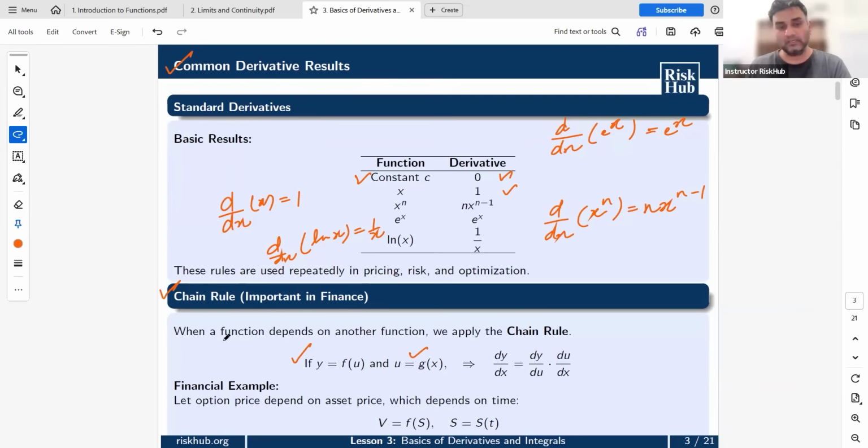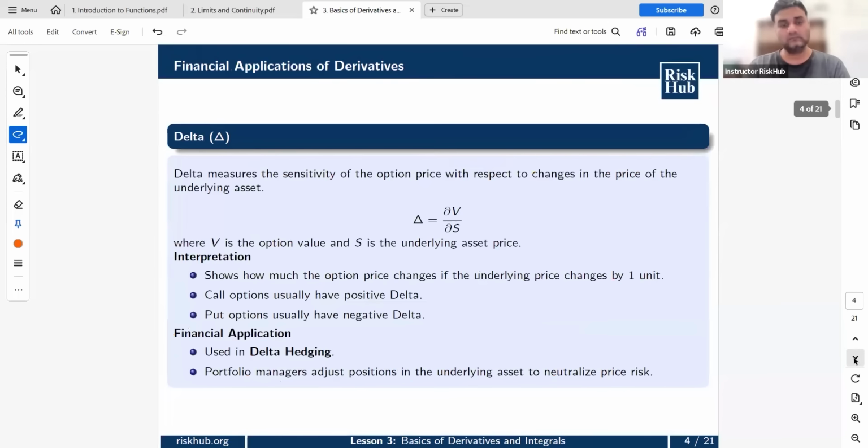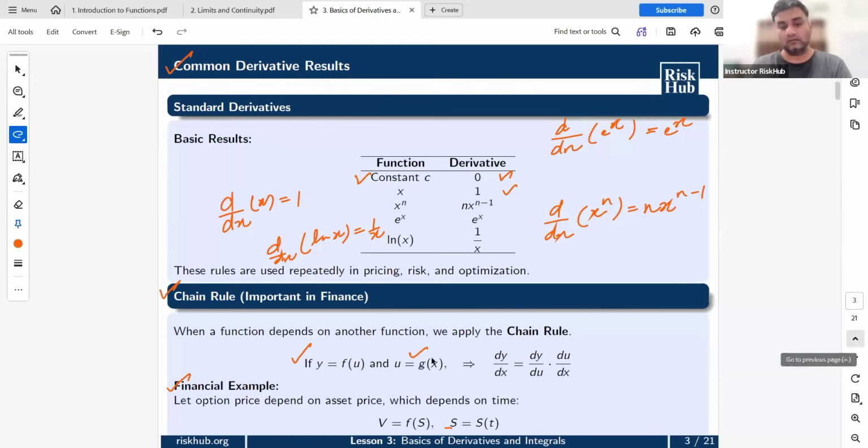If you look at the financial example, please note that V is equal to f(S) and S is equal to S(t). If I do, let's say, dV/dt, I can do dV/dS times dS/dt. So the overall interpretation here is that option price changes because stock price changes, and stock price itself changes with time.